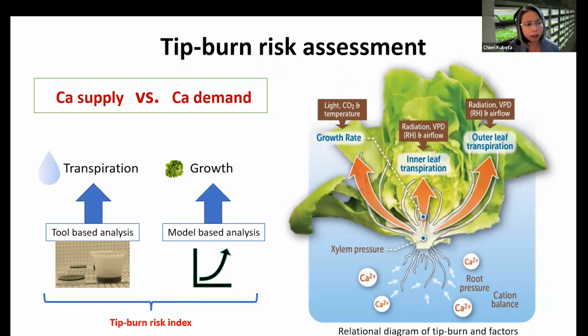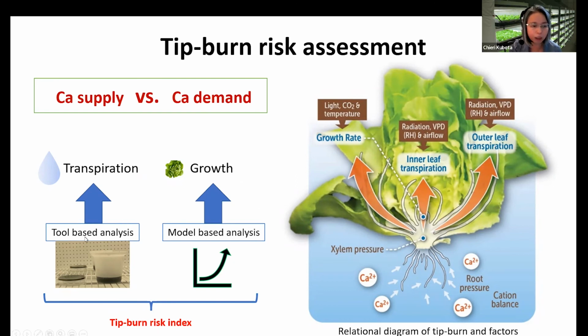So we started doing that because mitigation is important, but if there's no risk, why do you have to do mitigation? But there's no way to assess the risk level for tip-burn. So we started working on that. Our basic approach is understanding transpiration and then understanding growth.